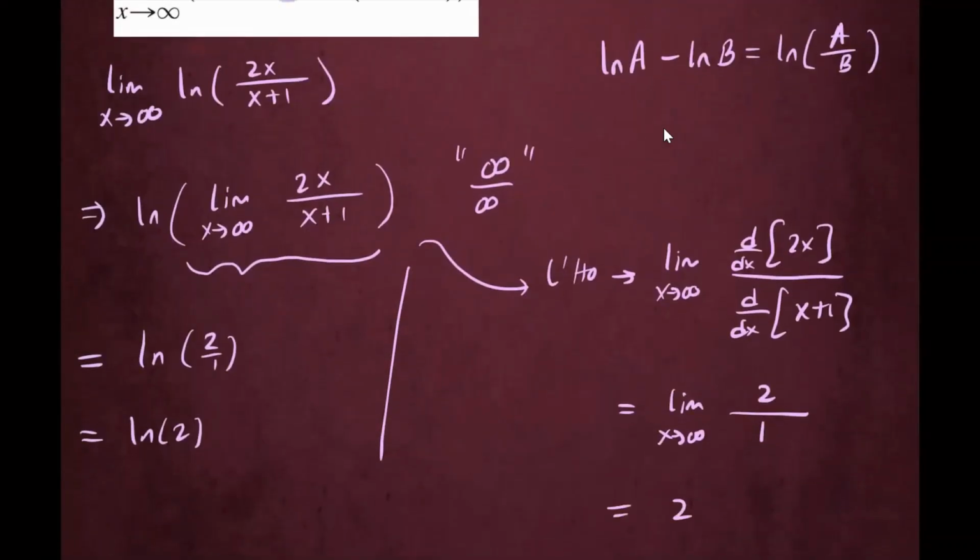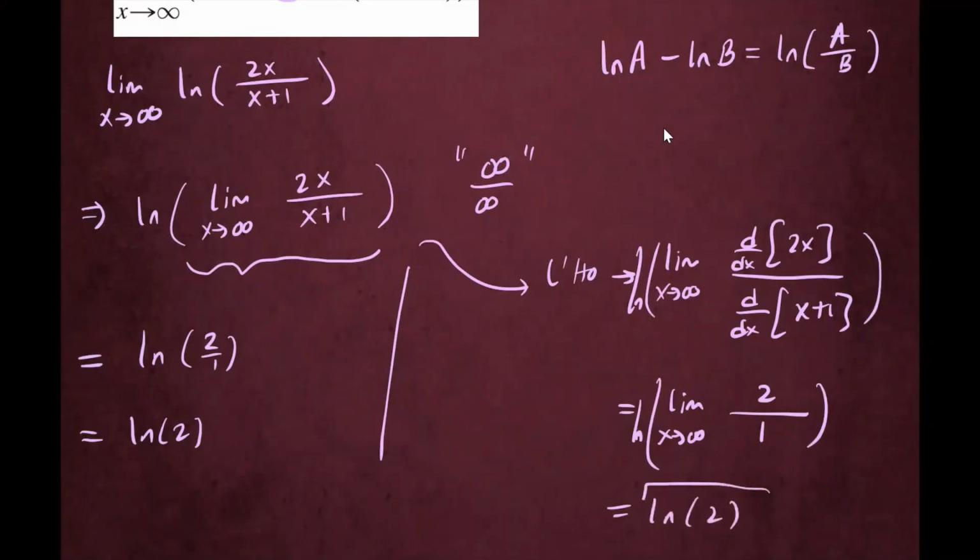So this is 2, but wait, I forgot the ln outside. So this limit is ln of 2. You get the same answer, but one way is easier than the other. To use L'Hopital's rule, you have to make sure you get infinity over infinity or 0 over 0, or else you can't use it. You have to go by what we did earlier in the course.